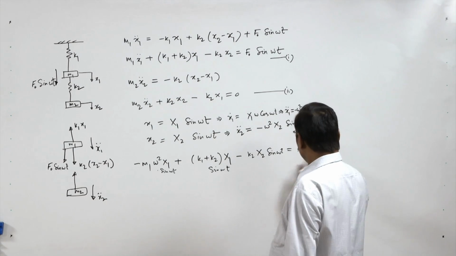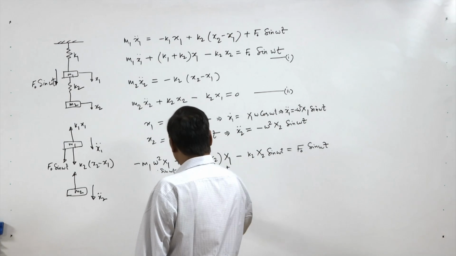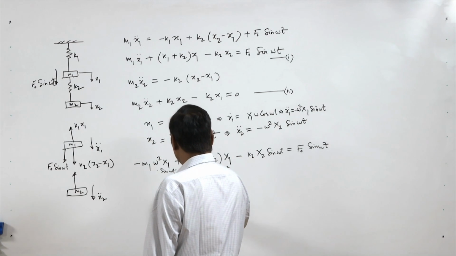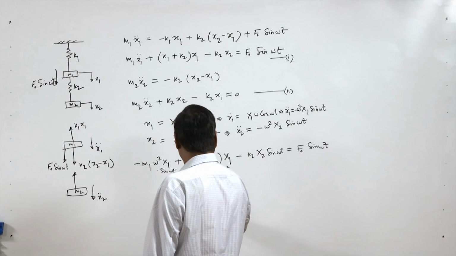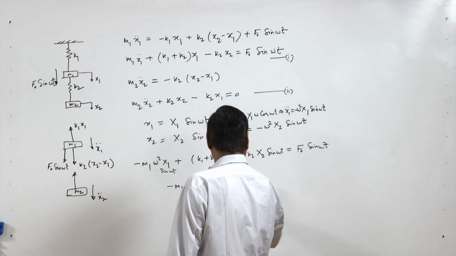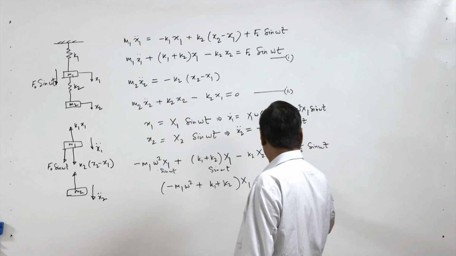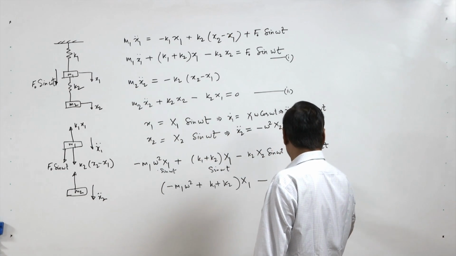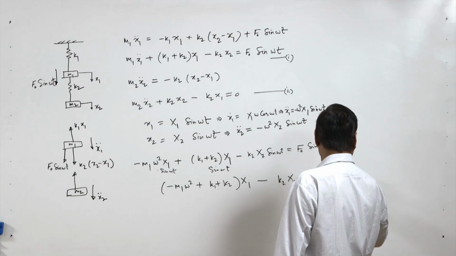We can cancel out sin omega t. So minus m1 omega square plus k1 plus k2, times X1, minus k2 X2 equal to F0. This is equation number 3.